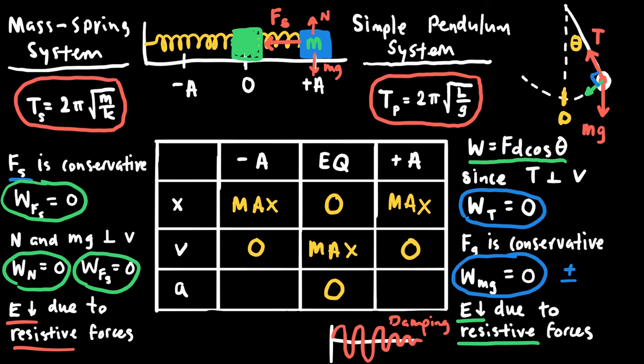But as that spring gets stretched or compressed, let's say I move over to the maximum amplitude on the left, the negative amplitude. The object is going to momentarily stop, and the spring is compressed the maximum amount, which means we're going to get the maximum amount of spring force by Hooke's law.